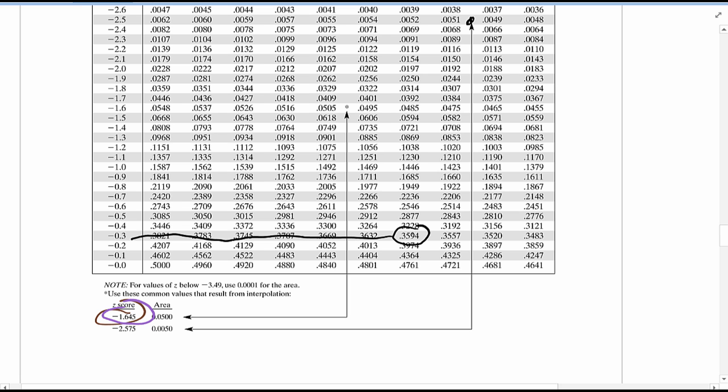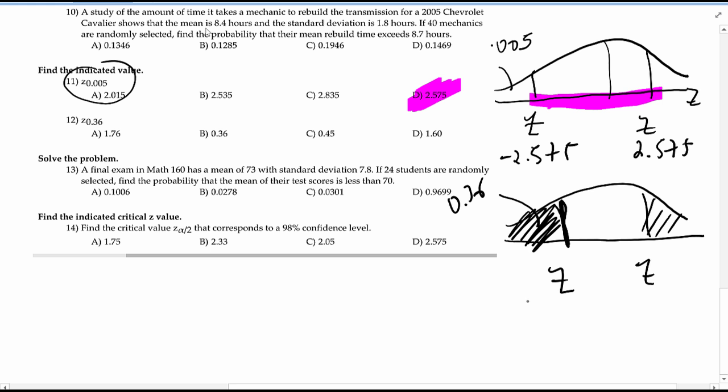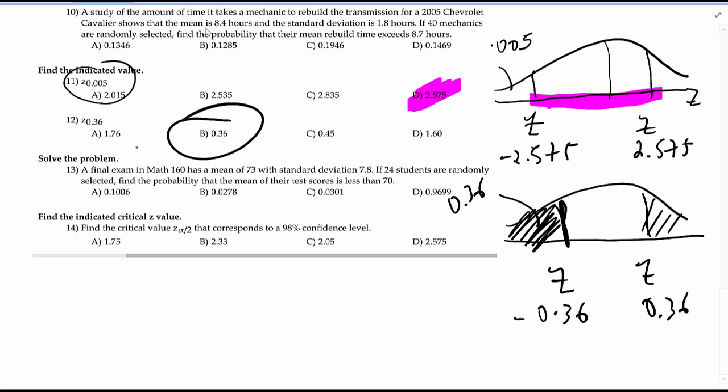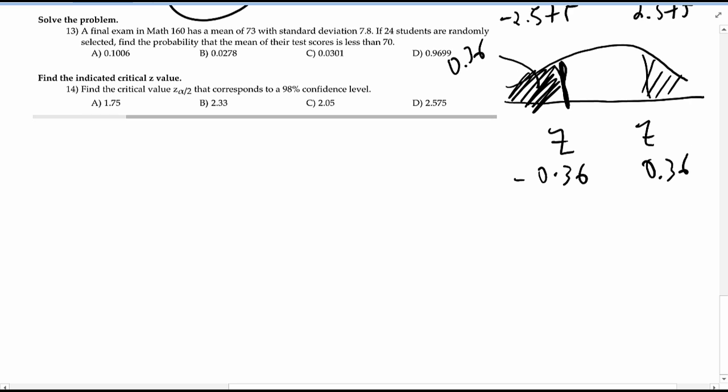Oh, it's the same. So in this case, the value is the same as the area. This is negative 0.36, and this would be the positive 0.36 right here. Very good. Let's look at problem 13.